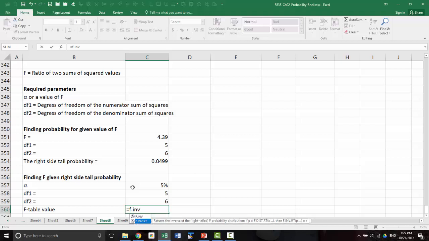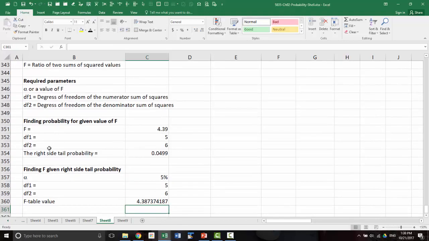But if you use F.INV.RT, then the parameter that you need to provide is the tail area, comma, the two degrees of freedom. That will give you the F table value. This is the inverse function.